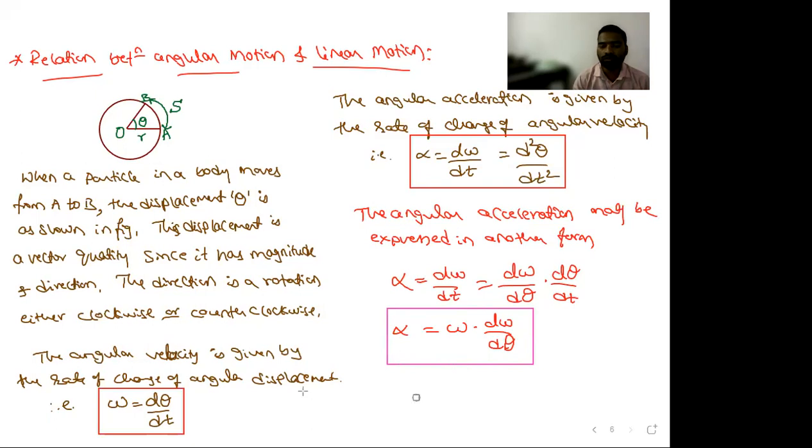Is it understood, all? Omega is equal to d theta by dt. Alpha is equal to d square theta by dt square or d omega by dt. And alpha is equal to omega into d omega by d theta. Yes, is it understood?